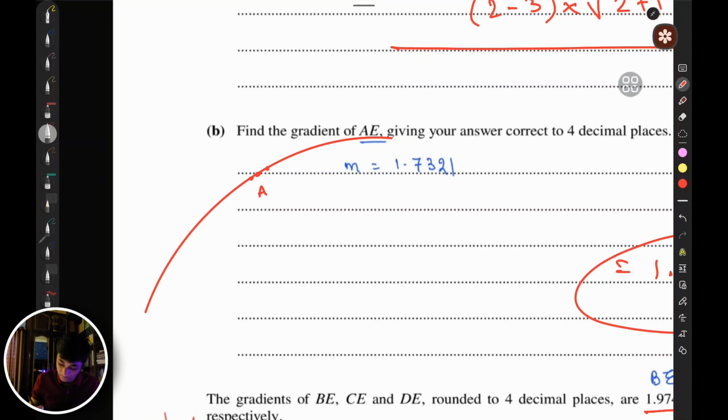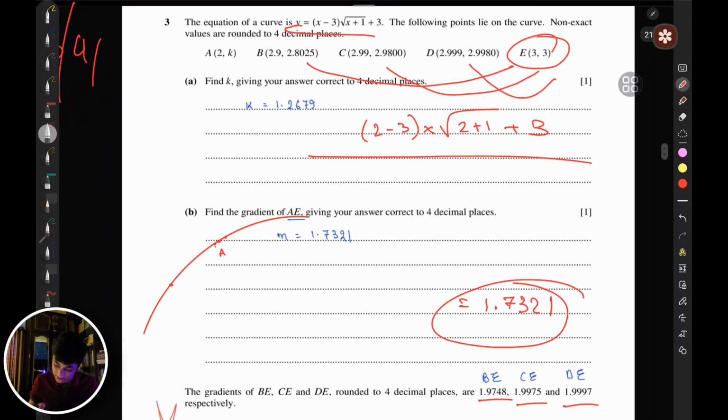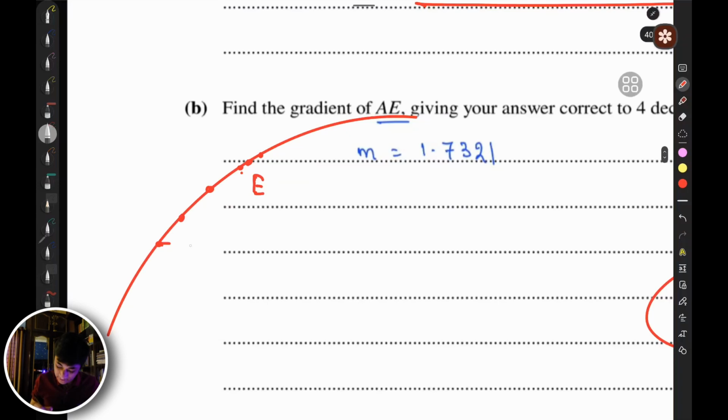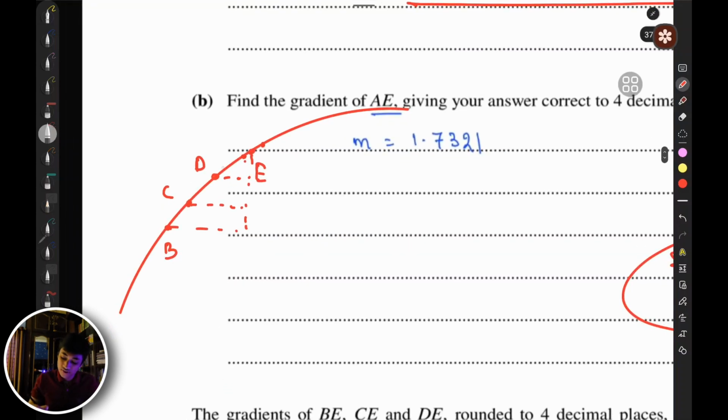So for, let's say, this is B and this is your E, and this is C and this is D. So if you find the gradient of B to E and then find the gradient of C to E and then find the gradient of D to E, the closer you get to E, the more accurate your gradient is going to be.